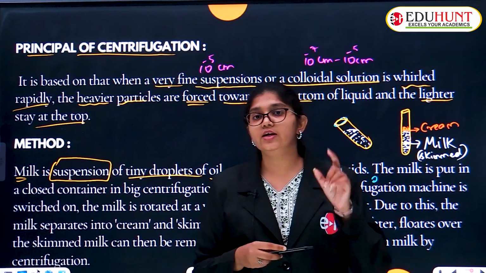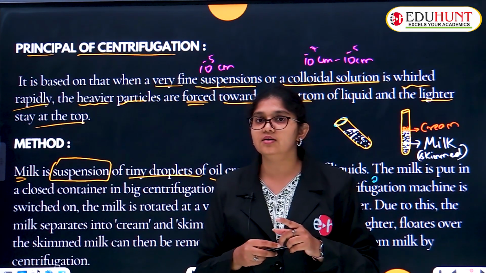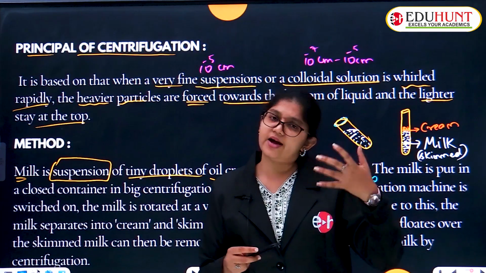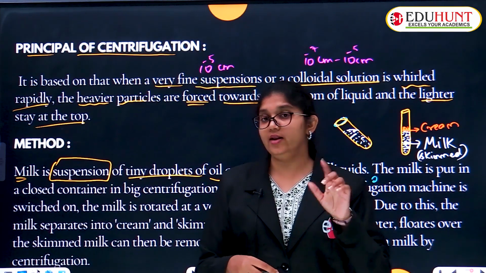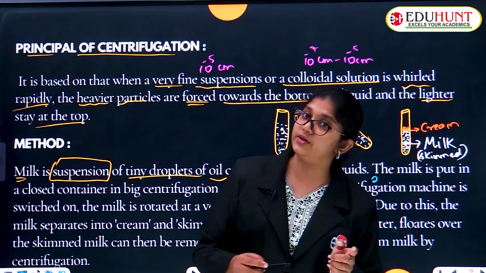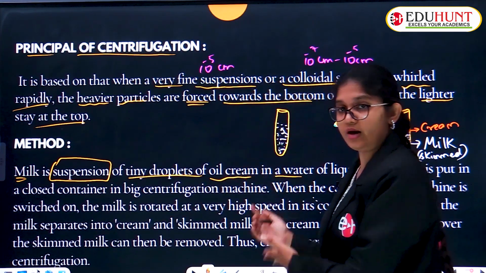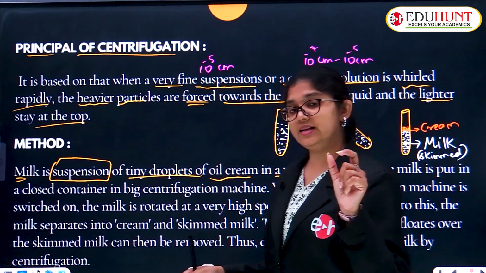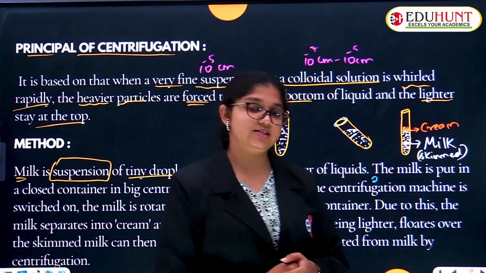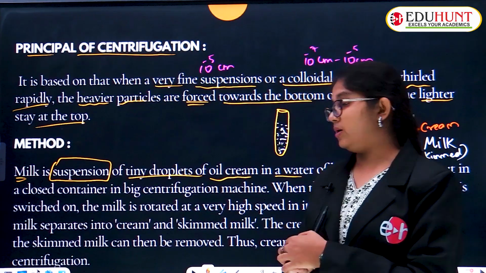But you can observe it only in the top layer. Down below it is not present, because why? The oil content, the cream, is lightweight, so it will settle at the top layer, whereas the milk will go down. That is a natural live example. Just go home and try.